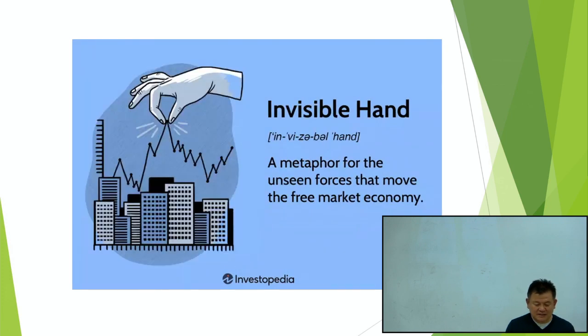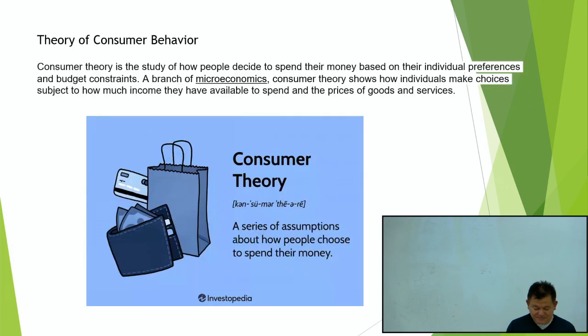So the invisible hand in the free market is a metaphor for the unseen forces that move or exchange. That is the invisible hand, we say.